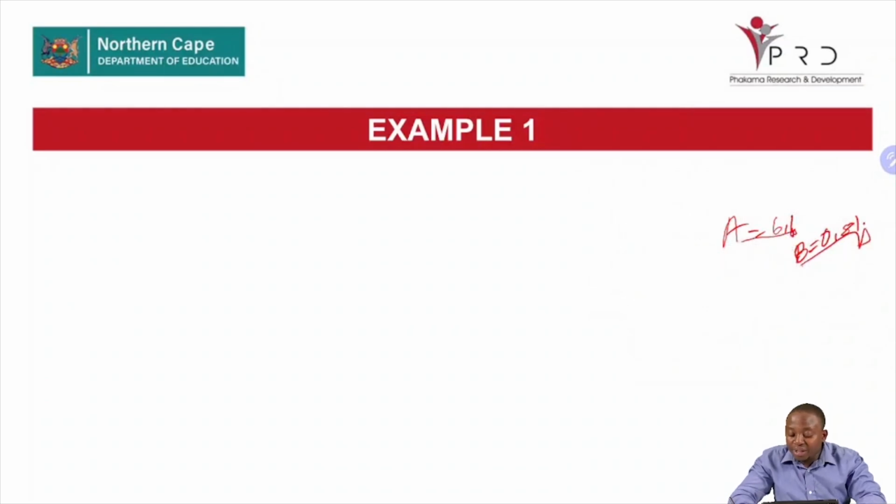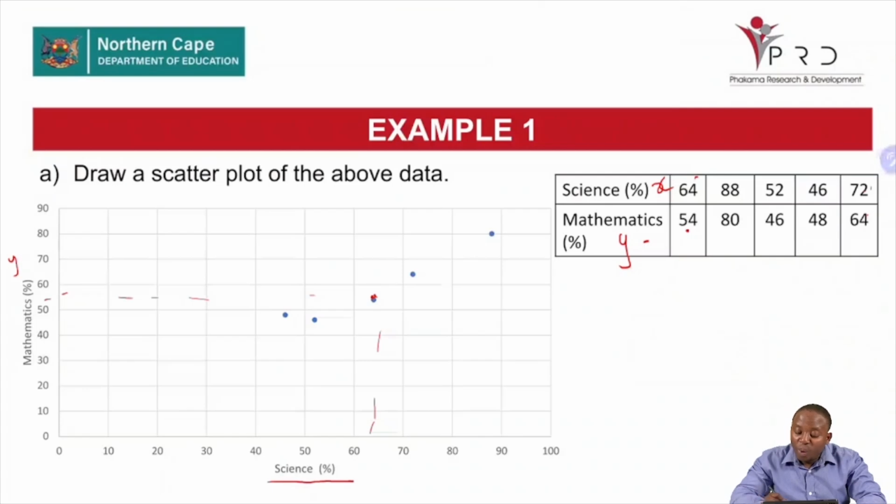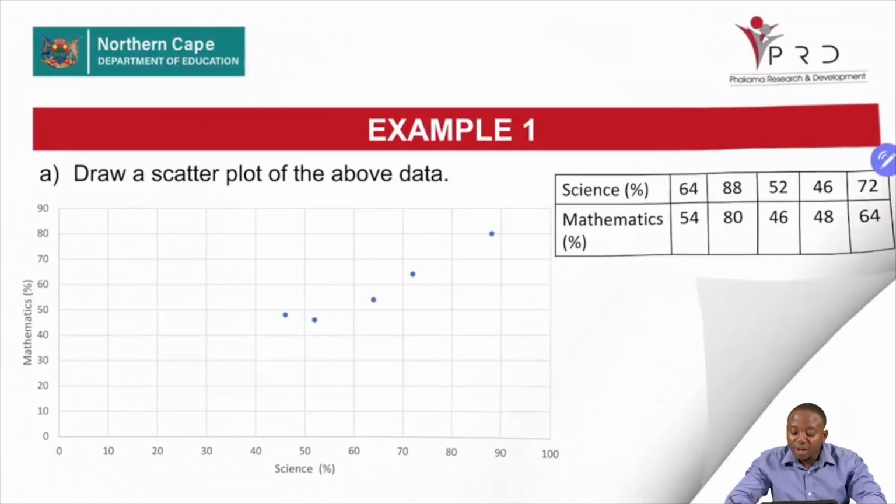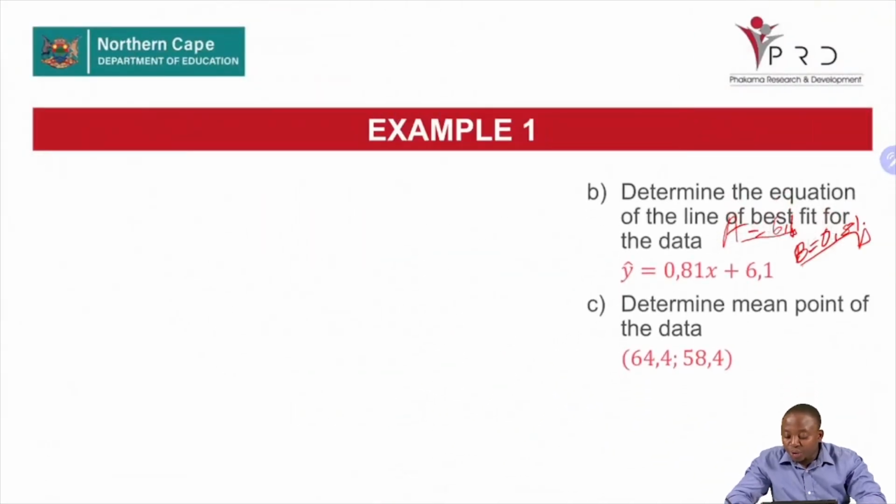Remember, when you present the calculator instructions, on the x-axis values, you'll put all of these values. You'll just say 64 equal sign, 88 equal sign, 52 equal sign, 46 equal sign, 72 equal sign. You go to the y side, you now say 54 equal sign, 8 equal sign, and you proceed in that manner, right? So this is what you get.